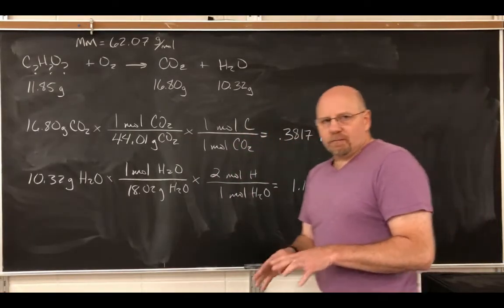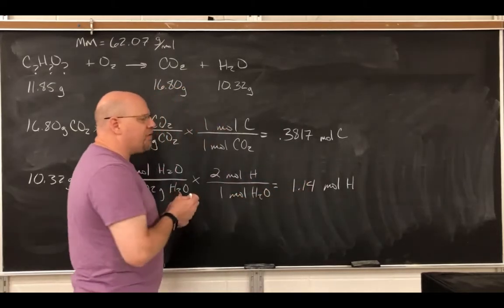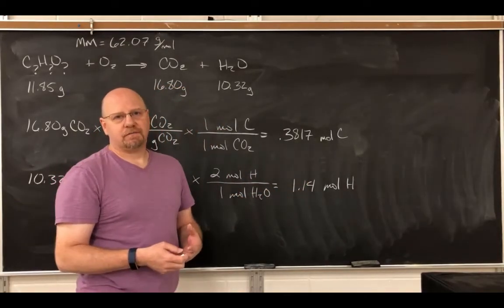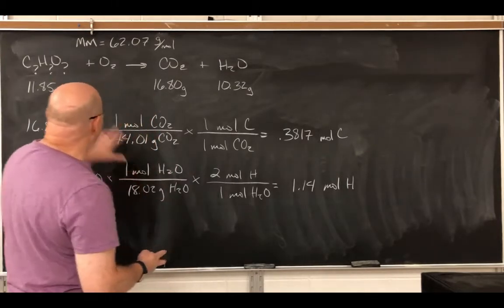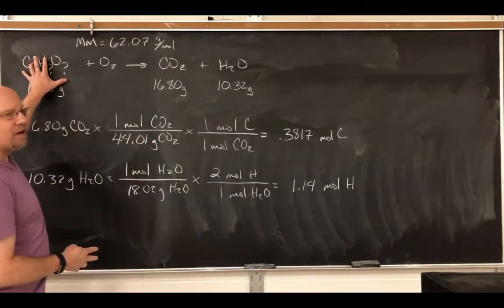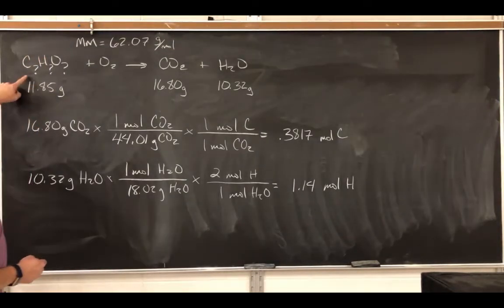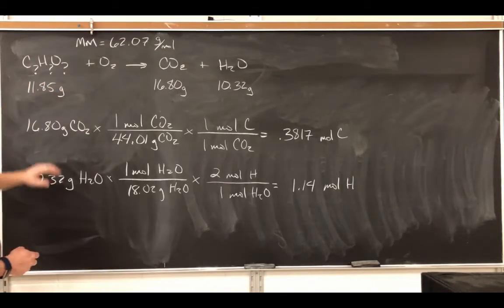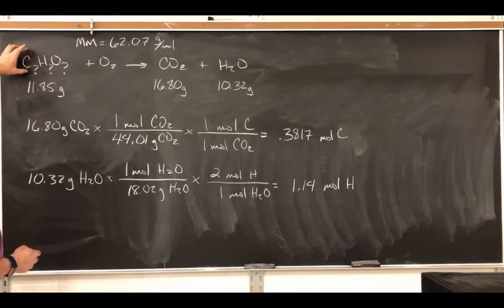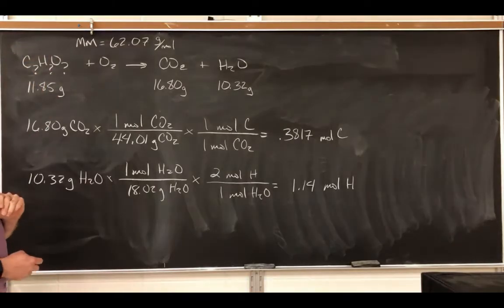Here's where we have to do something different. We have our moles of carbon, we have our moles of hydrogen. We need moles of oxygen. To be able to find that, we need to find out how many moles of oxygen are in this compound alone. Our key is that we know that this 11.85 grams is equal to the masses of carbon, hydrogen, and oxygen in that compound alone.